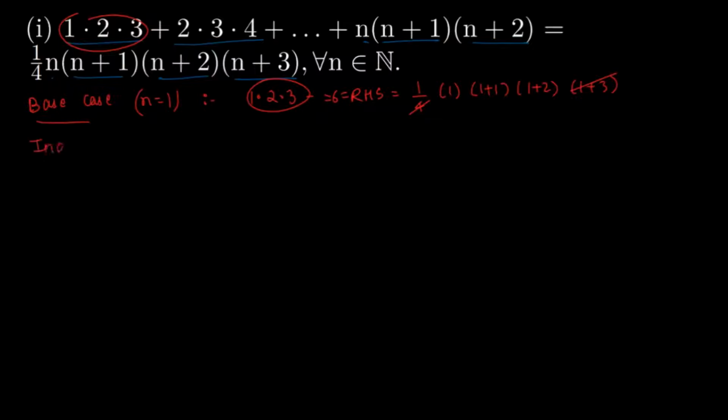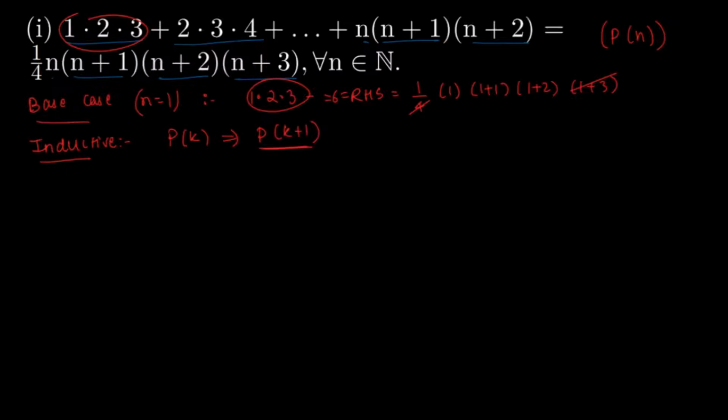Now, let's talk about the inductive case, the case wherein you need to prove that if the statement P of n, let's say, we need to prove that if P of k holds, that implies P of k plus 1.